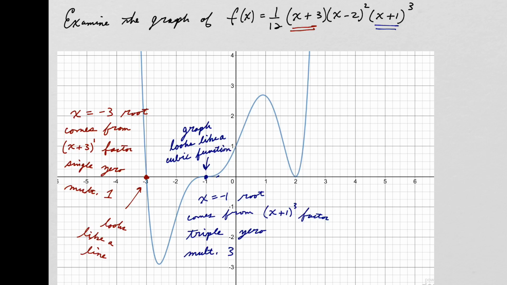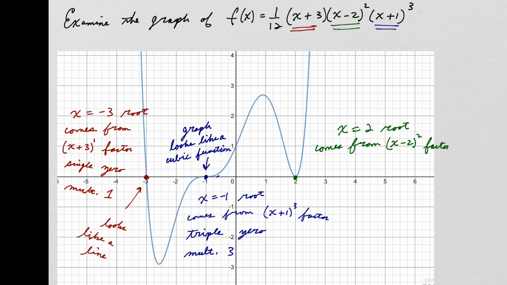Okay, and then we have another root here. So in this case, this x equals 2 root comes from setting the x minus 2 squared factor equal to 0.